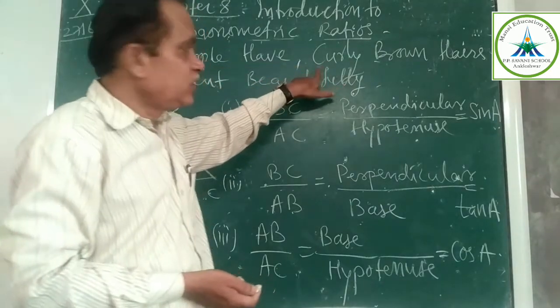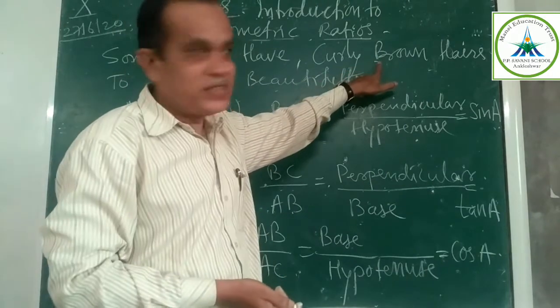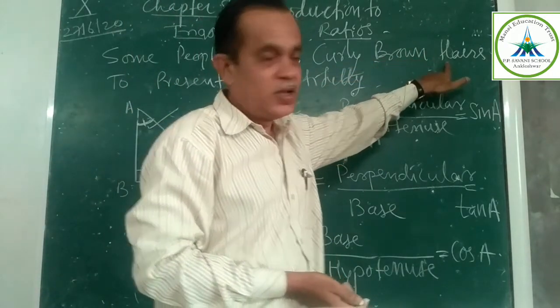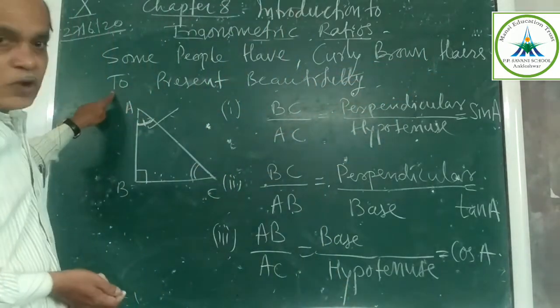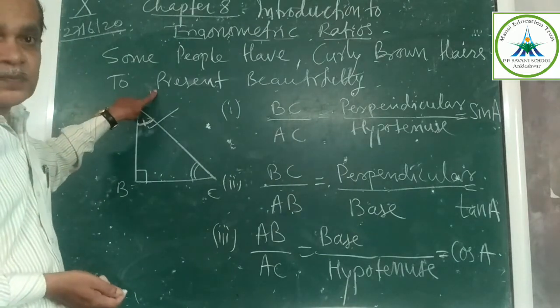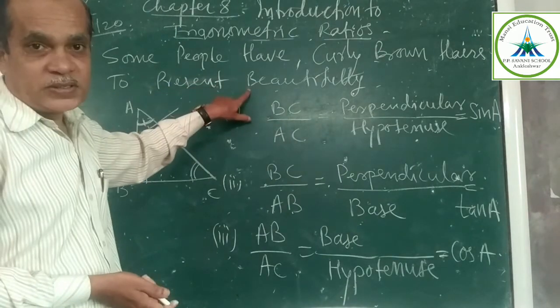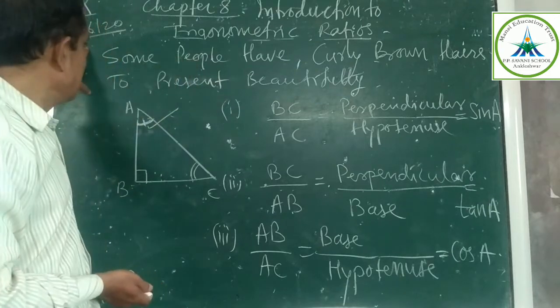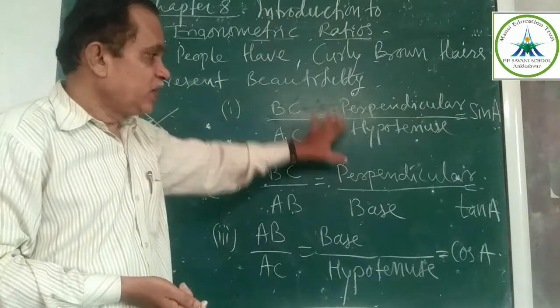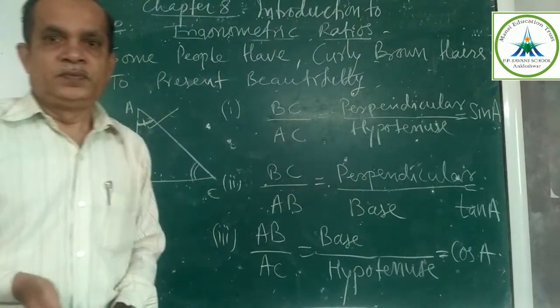In the next three words, C for cos, B for base, H for hypotenuse. In the next three words, T for tan, P for perpendicular, B for base. So if you remember this sentence, you remember these main ratios.